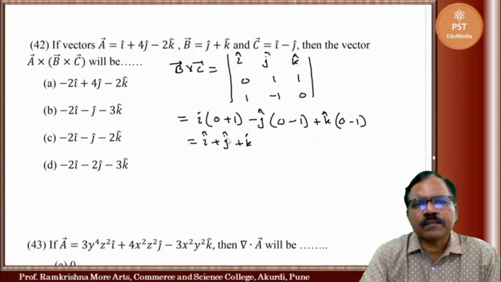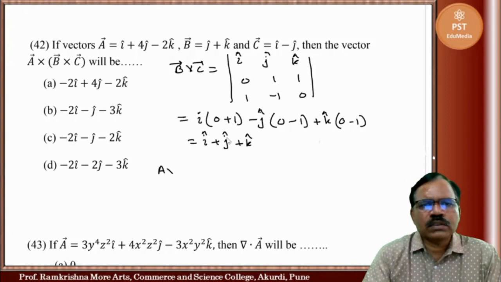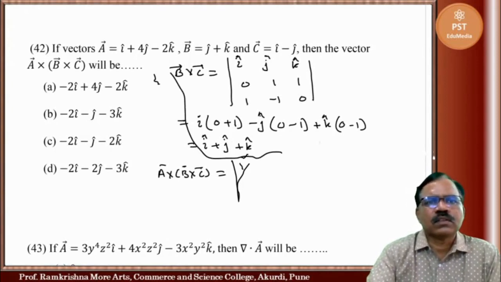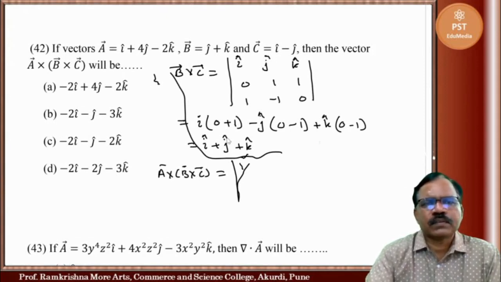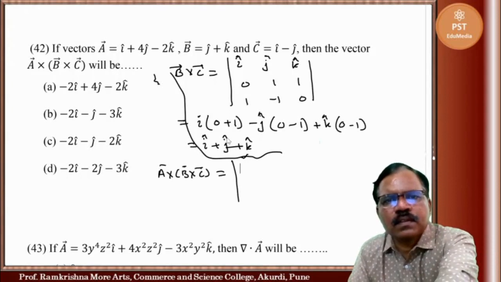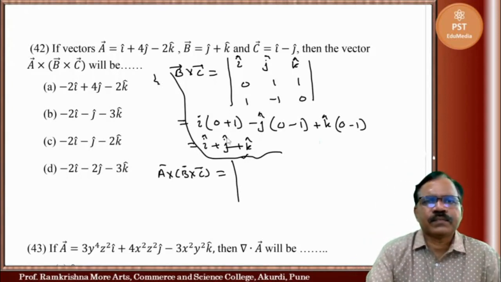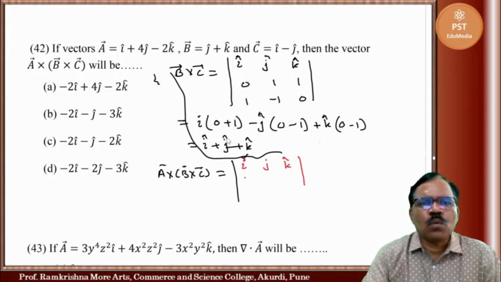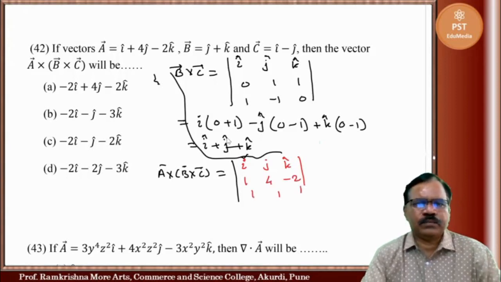So we will get here i plus j plus k. So now a cross b cross c will be equal to, sorry, here we get i, j, k, a is what? 1, 4, minus 2, and 1, 1, 1.